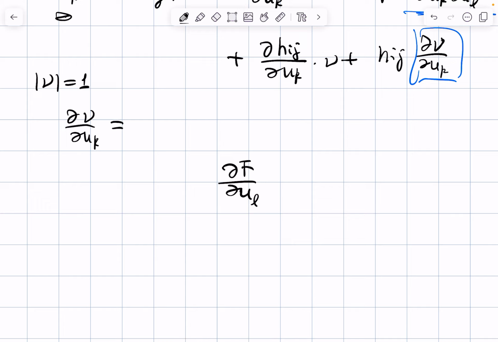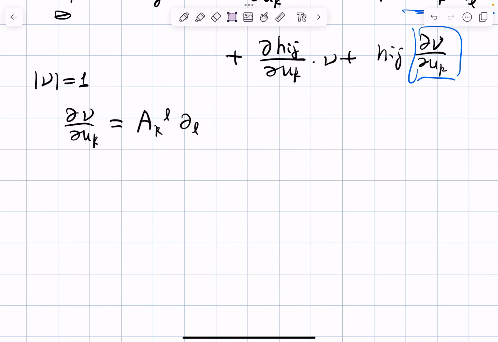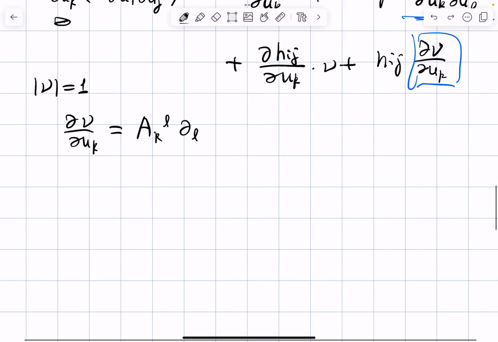We can write it as a_k^l partial_l. We can expand it into something like that, and now we only need to calculate the coefficients for this.